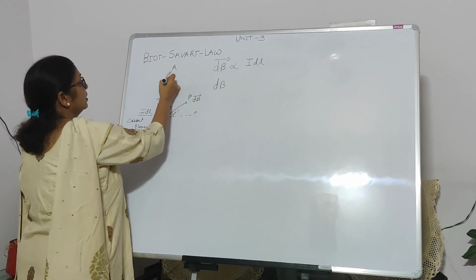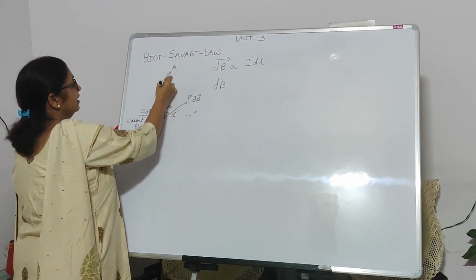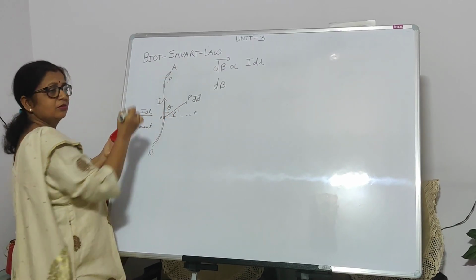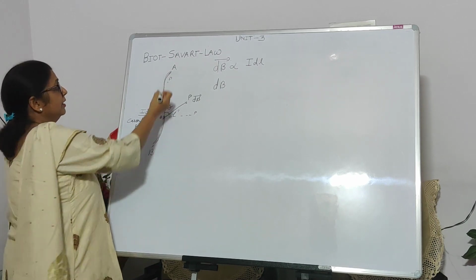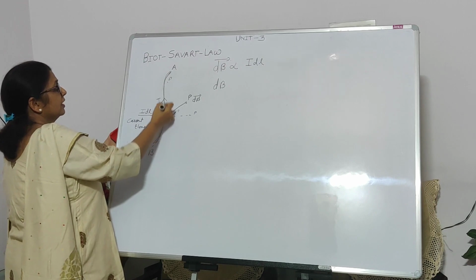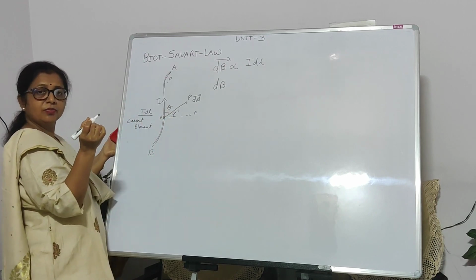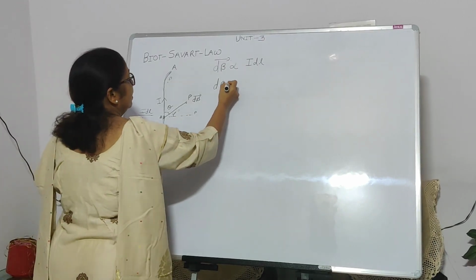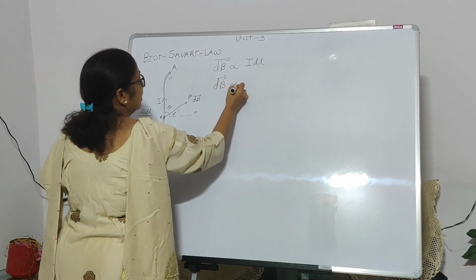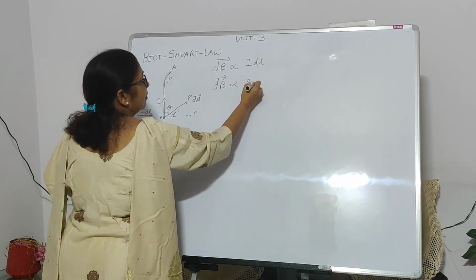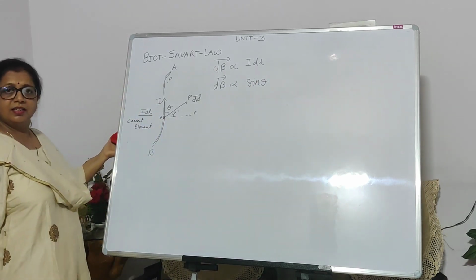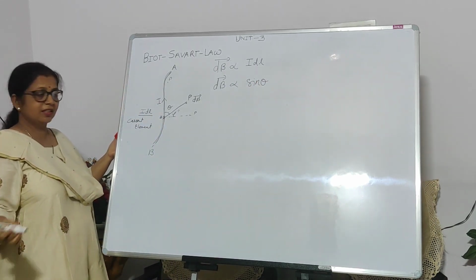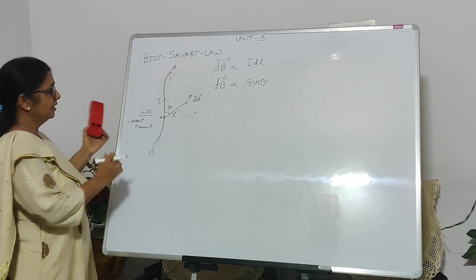If the observation point lies along the wire, then theta becomes 0 and the magnetic field due to this element will be 0. So he gave another rule: dB is directly proportional to sine theta.